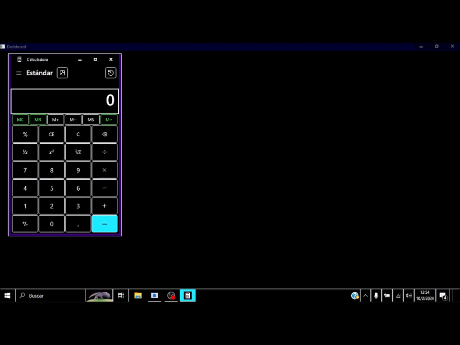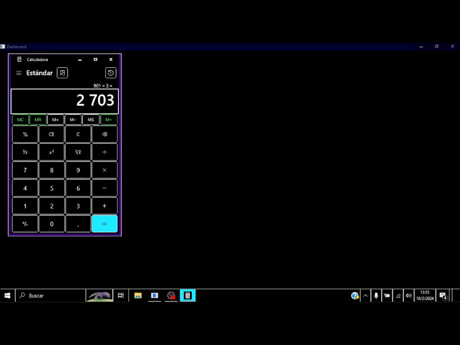So I'm going to make the calculation. 1028 minus 127 equals 901. 901 is going to be multiplied by 3. That gives 2703.